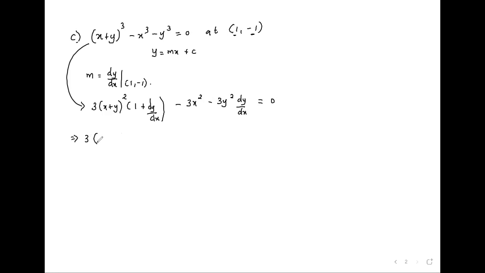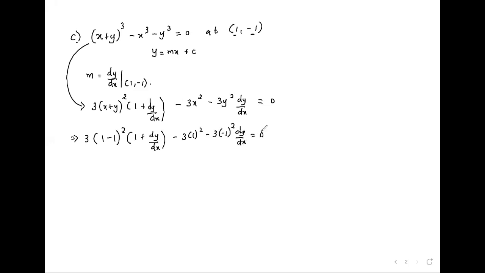So we have 3 times (1 minus 1) squared multiplied by (1 plus dy/dx) minus 3, where there is x I take 1, where there is y I take -1, and then dy/dx is equal to 0.